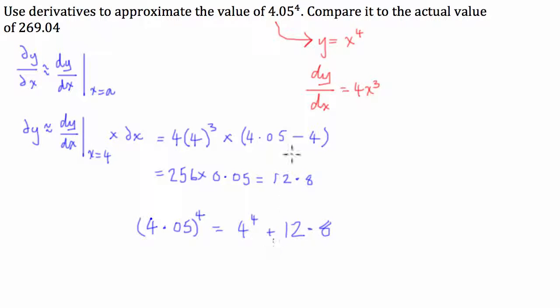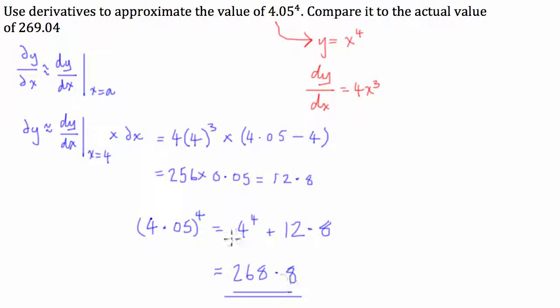Now, 4 to the power of 4 is 256, plus 12.8 is going to be 268.8. And that is our approximation of 4.05 to the power of 4.